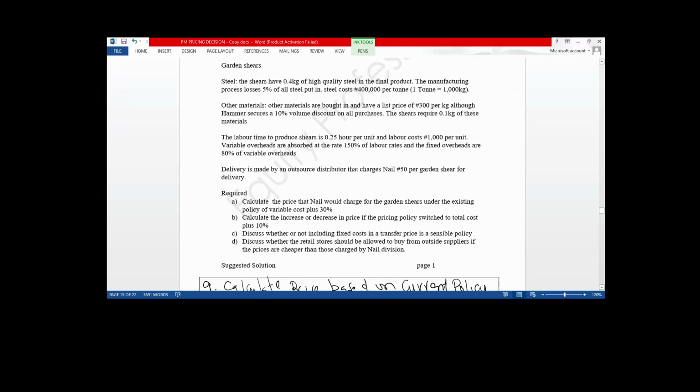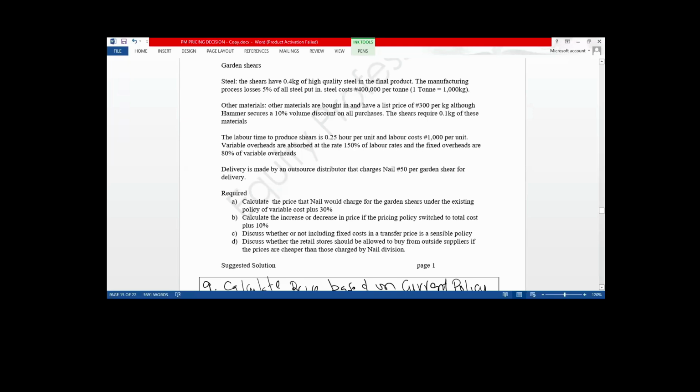Now we manufacture the products and transfer them to the retail store. They belong to the same company. Will it be reasonable to include your fixed cost in a transfer price?